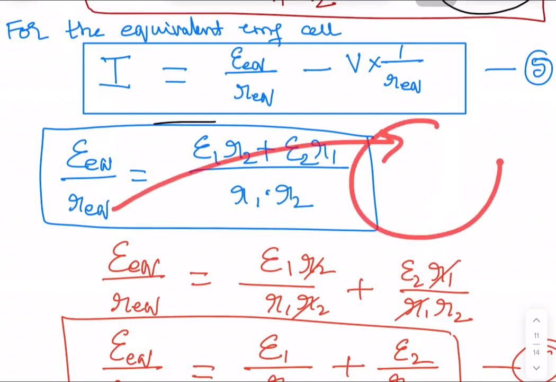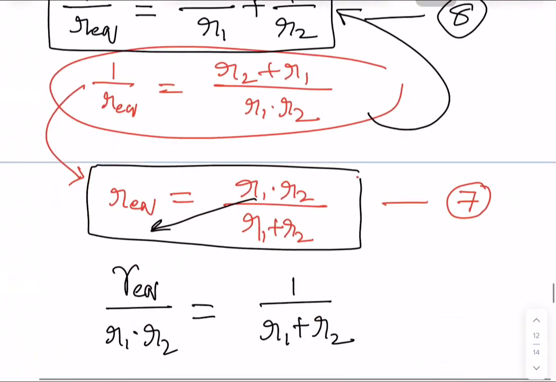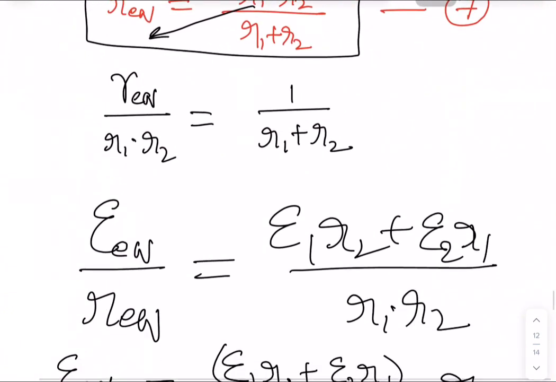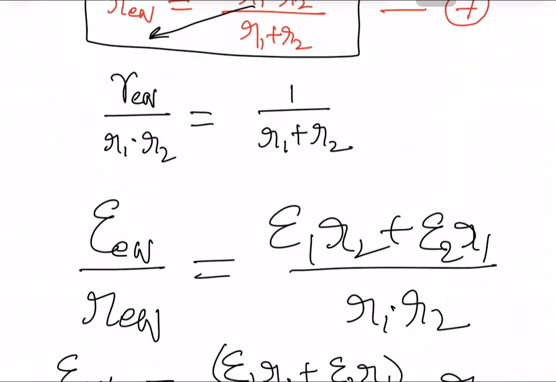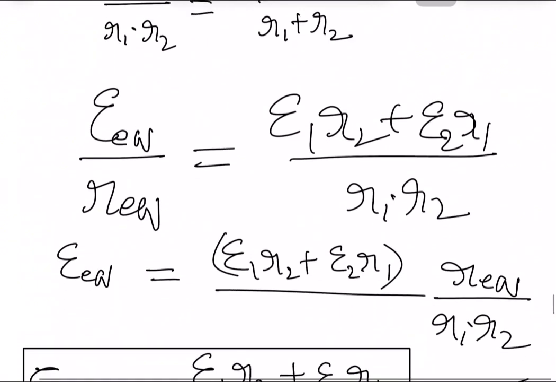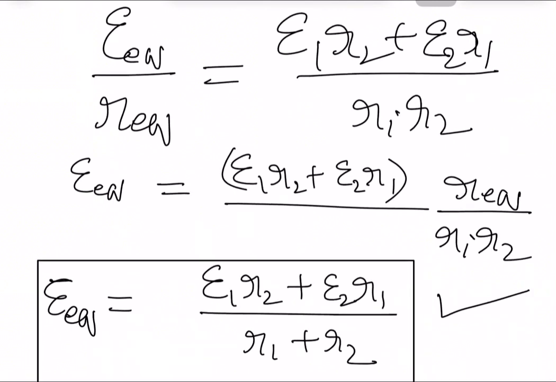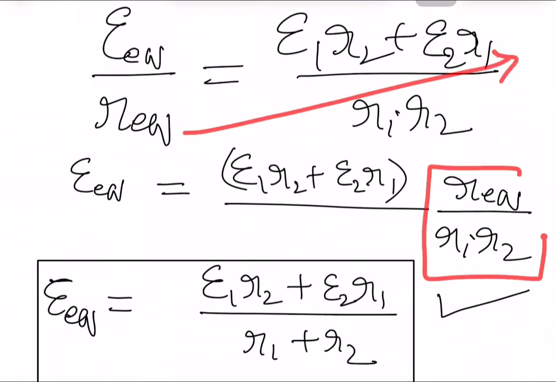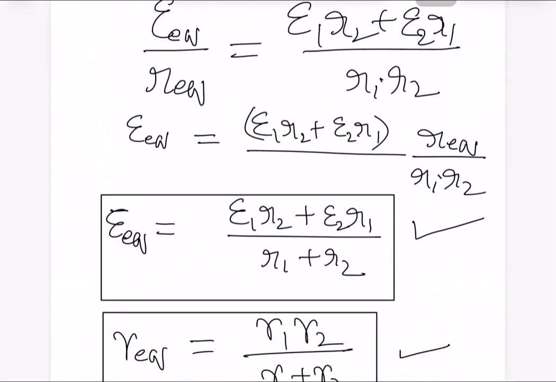You will get here R equivalent divided by R1 into R2, which we can replace. This has been cross multiplied here and you have got this. This has been taken separately. Observe carefully, these are the changes we have made.